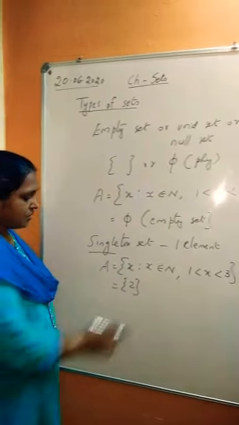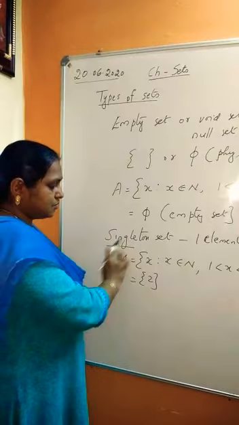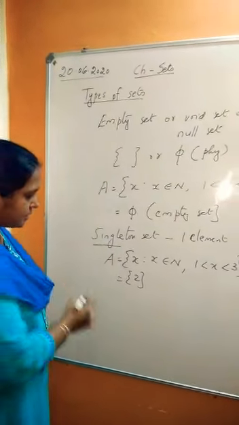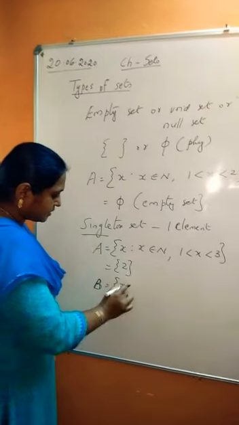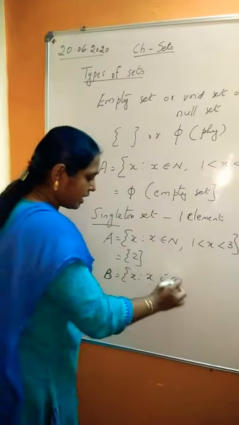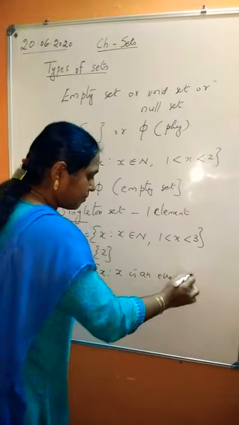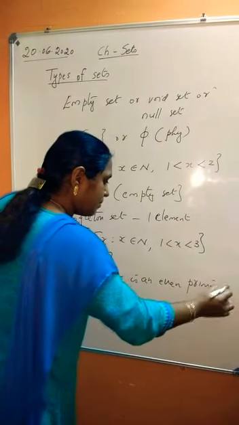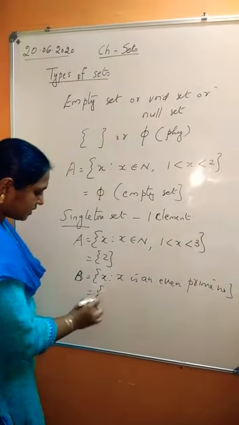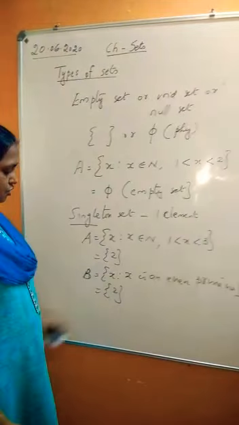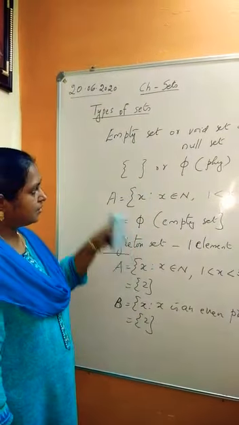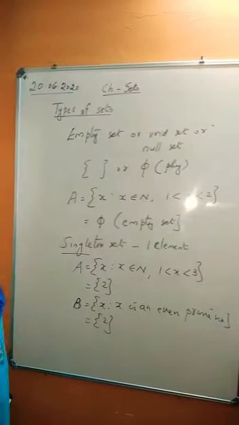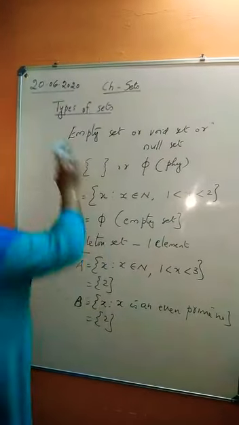So this is a one-element set, which is known as a singleton set. Another example: B is the set of x such that x is an even prime number. We know that the only even prime number is 2. So this is nothing but singleton 2. So this is also an example of a singleton set. These are the classifications of sets based on the number of elements.